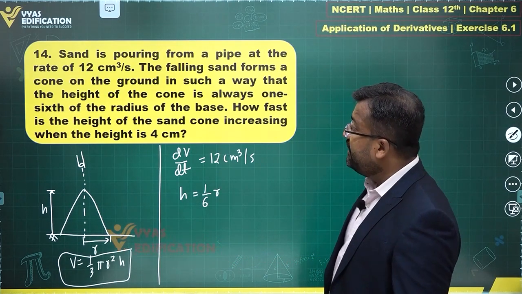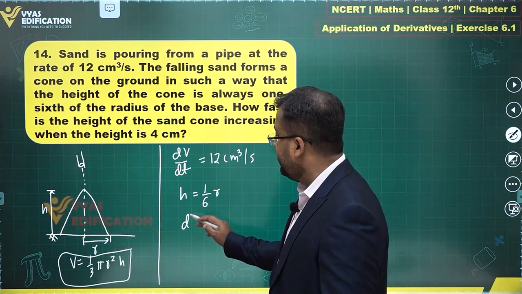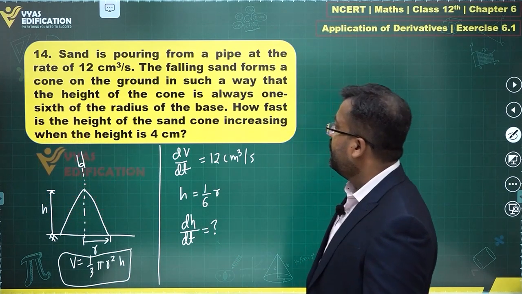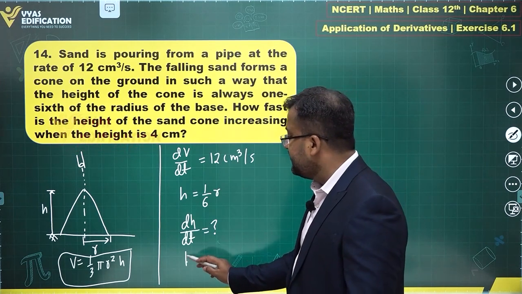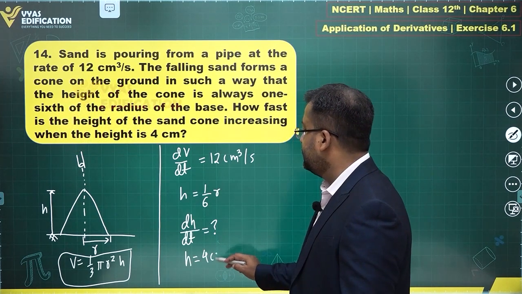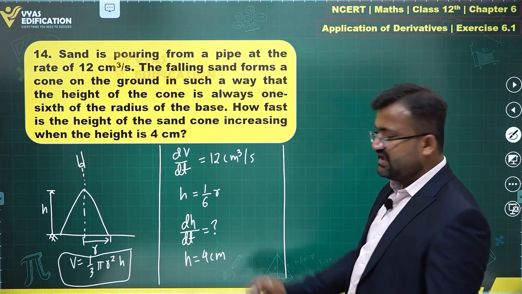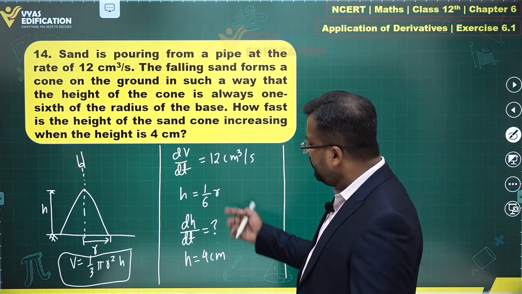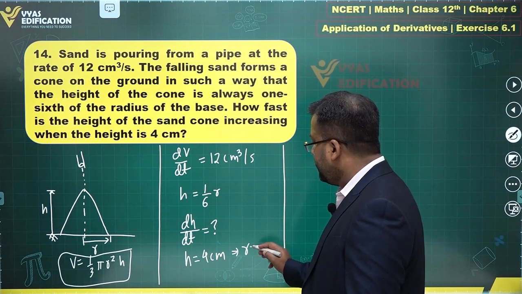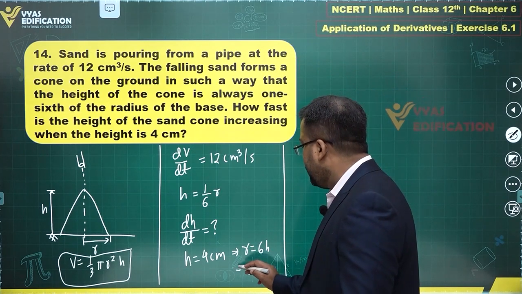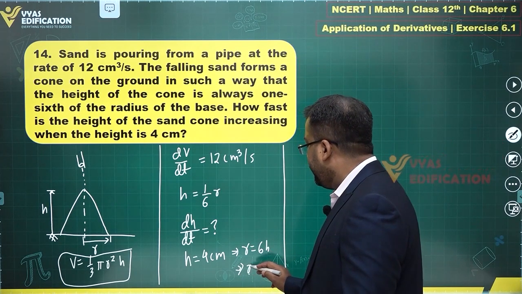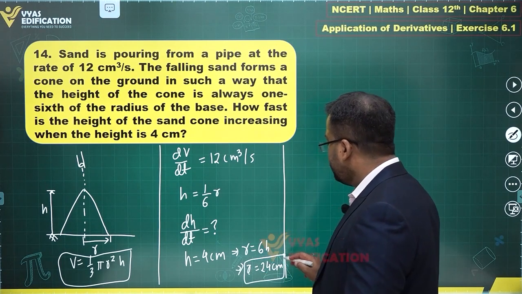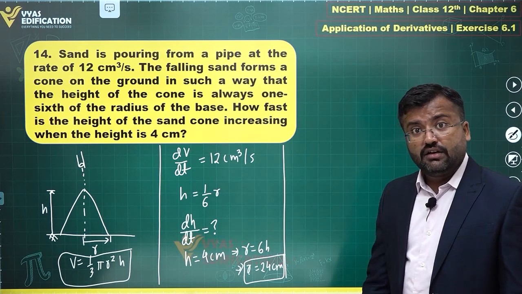How fast is the height of the sand cone increasing? dH over dt is being asked, when the height is 4 centimeter. When height is 4 centimeter, what will be the radius? Radius will be 6h, which gives me at this particular point, radius will be 24 centimeter.